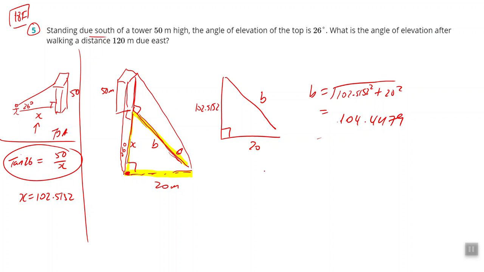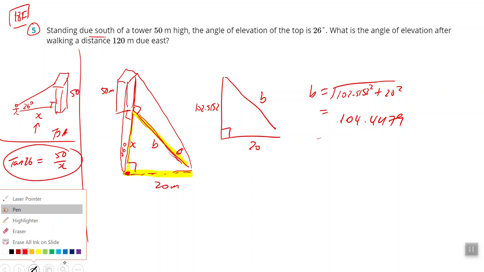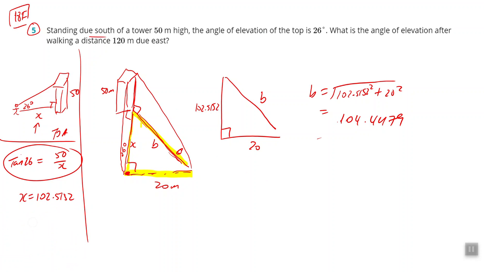Now if I redraw this triangle, I should be able to work out the angle from my position when I'm south of the tower and then moved east 20 meters.